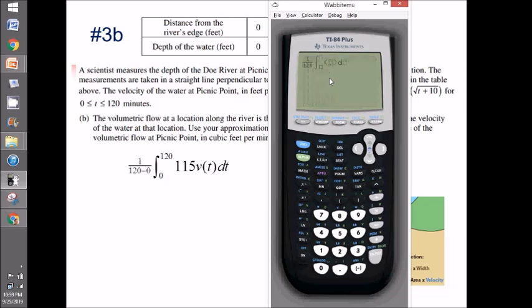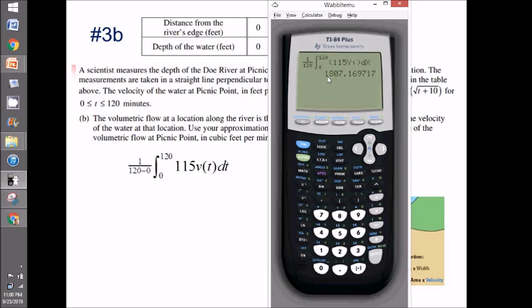So I want my integral from 0 to 120 of, we had 115 from part A, and now I stored my velocity in y1, so let me do alpha trace y1, and then dx. All of this comes out to what?